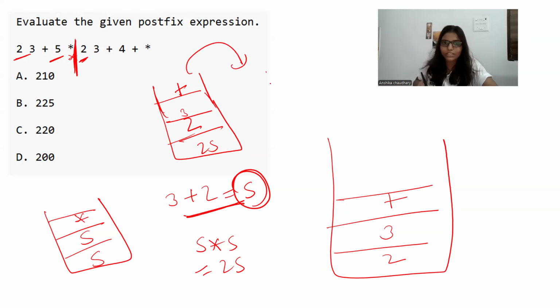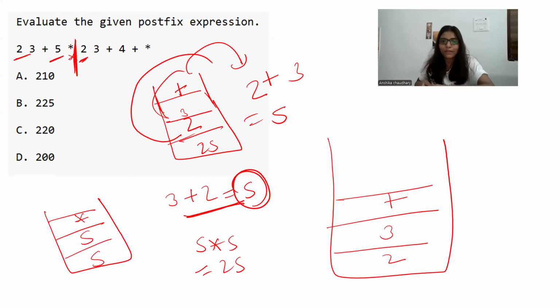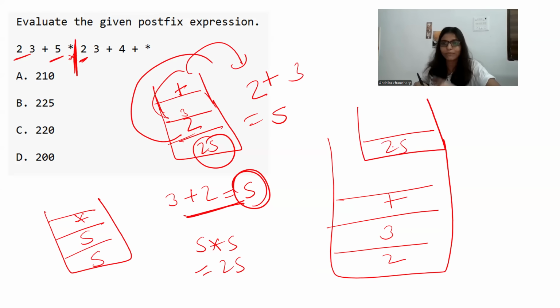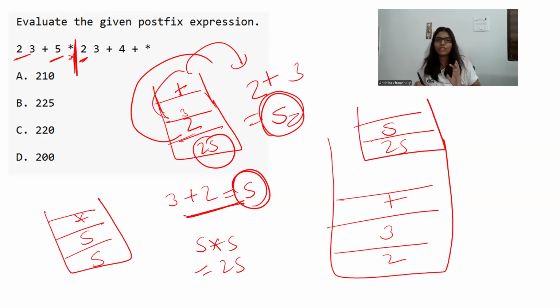Okay, let's pop out plus, then 3, then 2. So 2 plus 3, what will it become? 5. But 25 is not popped out yet. So in our stack, 25 was there only. This 5, the resultant, will be stored again. So 5 and 25 we have in our stack.